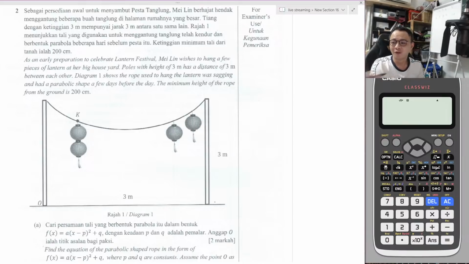Okay, for this question, you need to know you will get a different equation if you use meter compared to centimeter. Just now at first I used meter to try it out and got one A value, and when I used centimeter I got a different A value. But I checked both equations and still got the same k coordinate, so I assume both are okay.